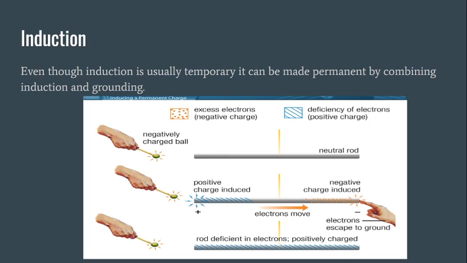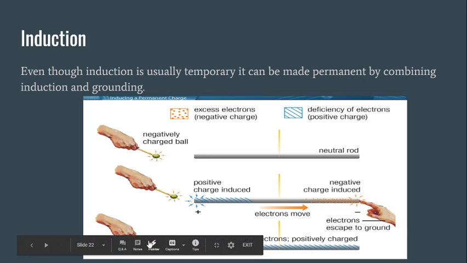And when it grounds it, the rod will actually become positively charged, not negatively charged, because all the electrons, as you can see here, go from the middle toward this guy's hand, so the electrons have a place to go, and then they'll eventually escape into the ground.